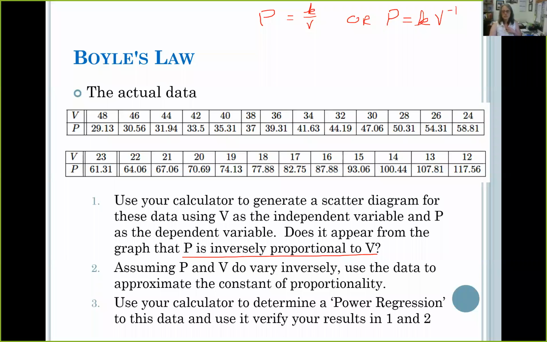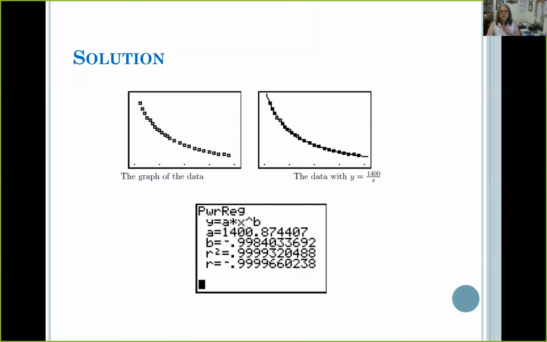So what my Desmos fit told me was that my pressure is equal to 1398 times volume to the negative 1, or 1398 divided by volume. And they do vary inversely. And we have found the constant value. All right. And here is the same thing on your calculator. They used 1400, close enough. I may have had a data entry error.